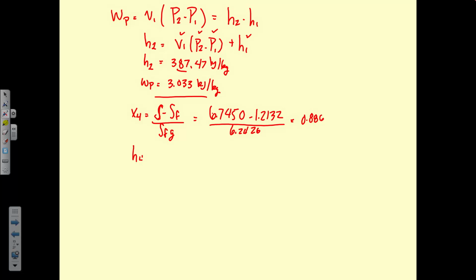So then we calculate H4, which is equal to H sub F plus X times H sub FG, which is equal to 2402.748 kilojoules per kilogram. So is the S sub F just coincidentally the same thing as S1? Yes.